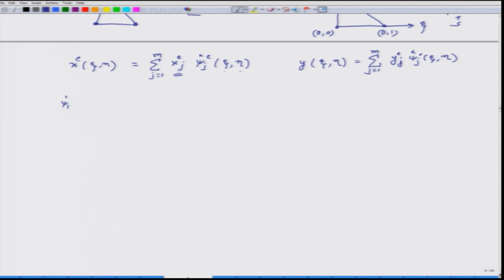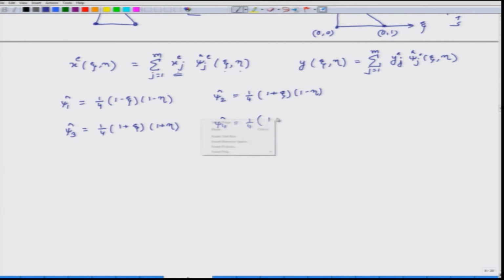So it is psi 1 hat equals 1 over 4 (1 minus zeta)(1 minus eta), psi 2 hat equals 1 over 4 (1 plus zeta)(1 minus eta), psi 3 hat equals 1 over 4 (1 plus zeta)(1 plus eta), and psi 4 hat is 1 over 4 (1 minus zeta)(1 plus eta), okay. So these are the standard relations.